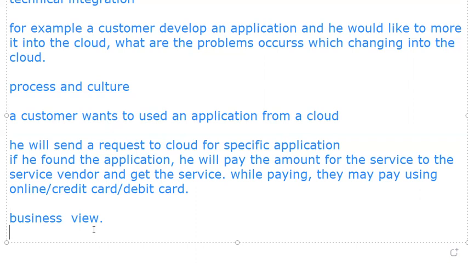For example, see, many investors invest money on technologies.